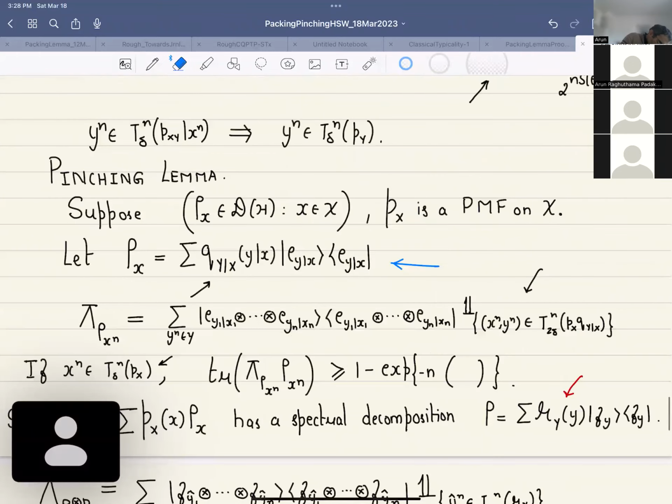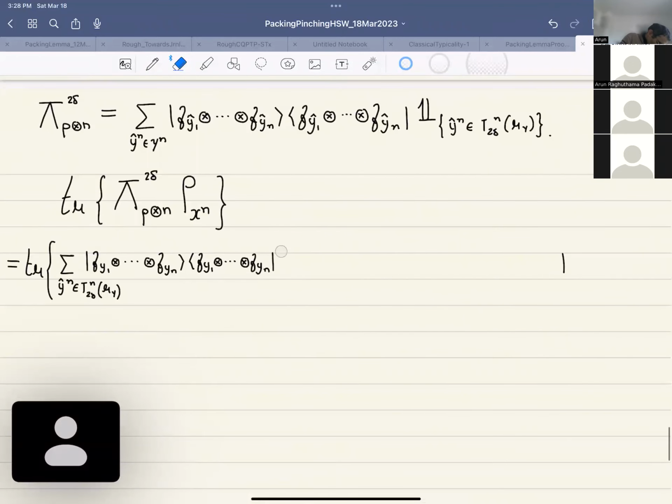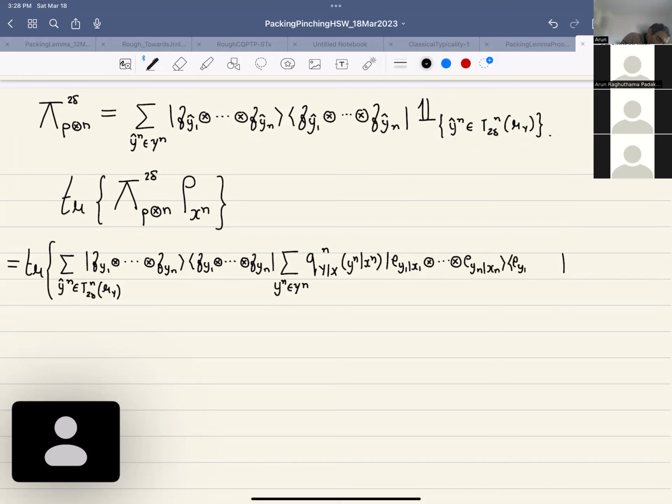Rho xn is the following. Rho xn is the sum over yn belonging to Yn of Qy given x of yn given xn, times ey1 given x1 all the way until eyn given xn, times ey1 given x1 all the way until eyn given xn. This is what it is.